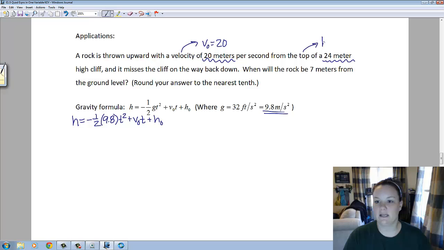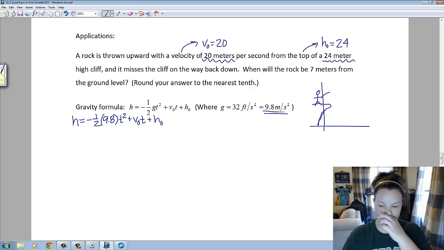To help, I'm going to draw a little picture. Here's our cliff, and here's our little dude, and he throws this rock. We know our initial throw point was at 24 meters. He throws it, it doesn't hit the cliff, and it comes back down, and we're hoping to figure out when the rock is going to be 7 meters from the ground.